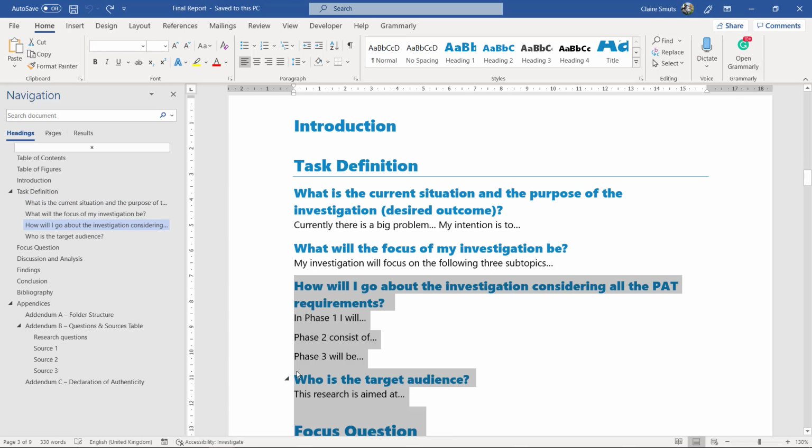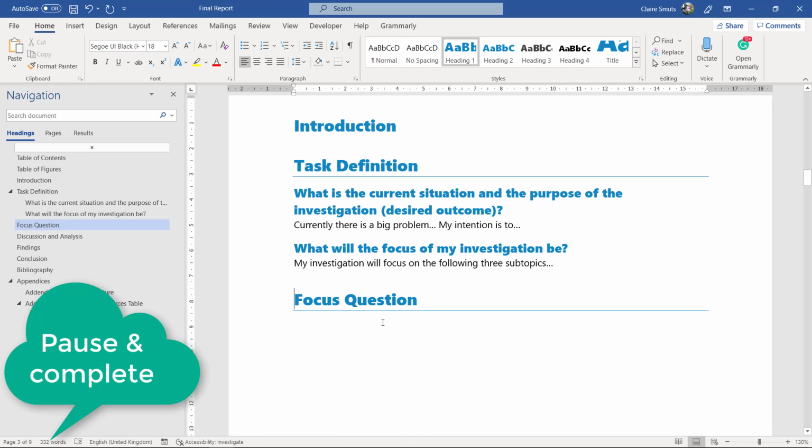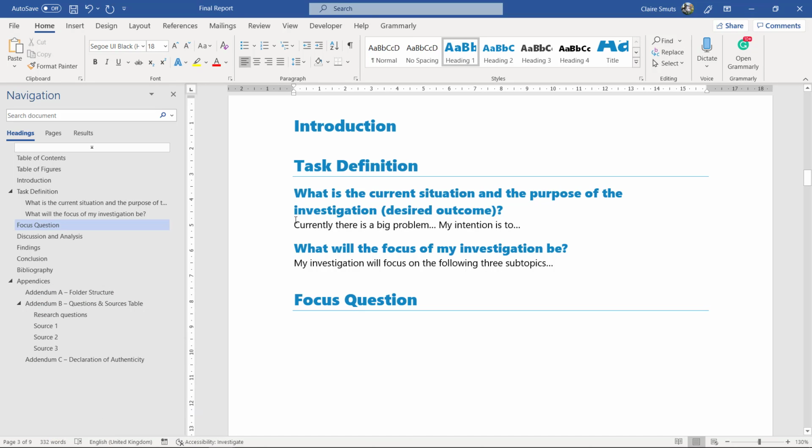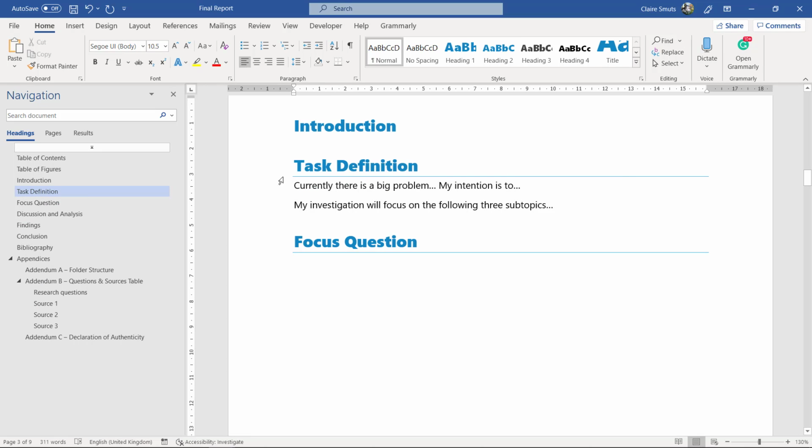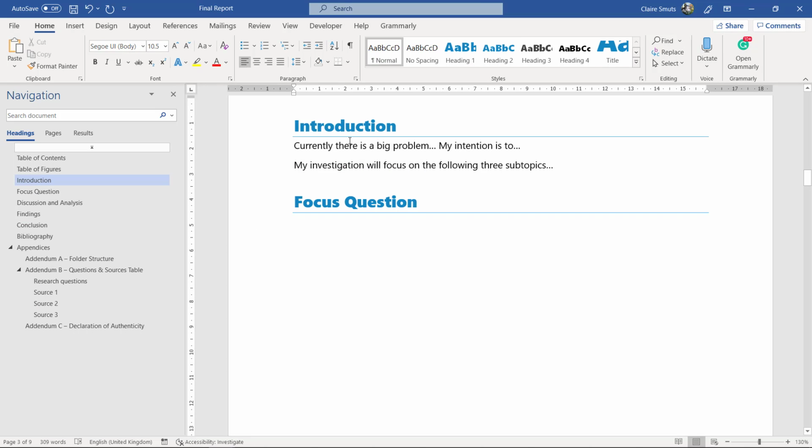No, sorry, not the focus question as well. So those two you will remove, and then you're going to remove the questions as well, because what you need to do, and the heading task definition, is it needs to be just a paragraph. So then you can leave the sentence about the problem or the description about the problem in present tense, and then you're going to change what your intention was to past tense.